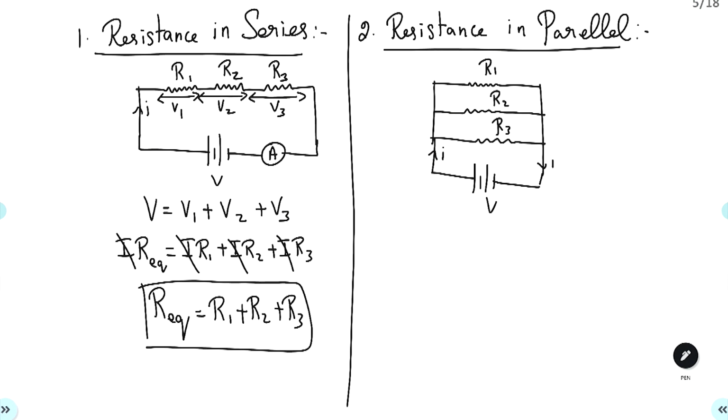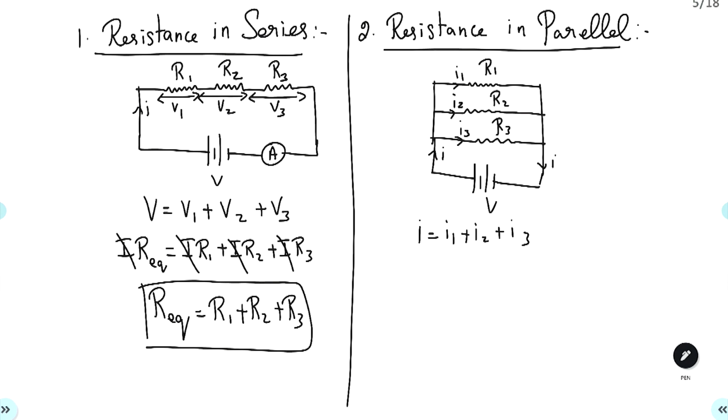So, now the currents across these three resistors are I3, I2 and I1. Now I will just add all the currents up, where total current I is nothing but I1 plus I2 plus I3.